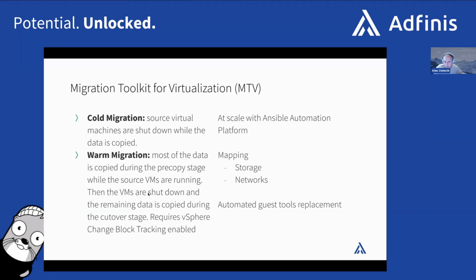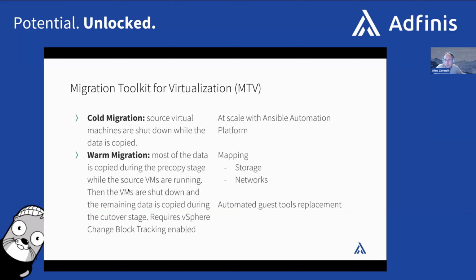This only happens on the target, so your source VM remains intact. At the end of the migration, it will only be shut down. So if you're not happy with how the VM was migrated, or you identify there are some issues that need to be addressed, you can just delete the target VM, restart the source VM, and that is your rollback. It has no effect on your source.